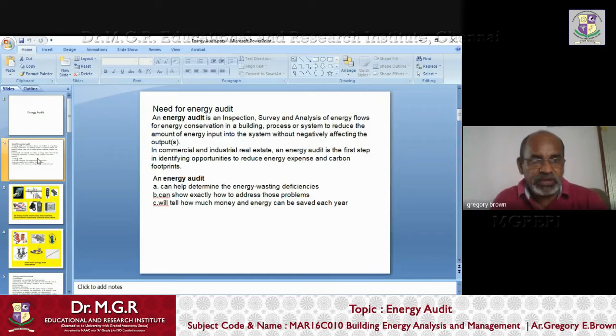Annual audit is there before they submit to the income tax, or so many other things. Always audit is done. Audit is going through some particular thing and trying to find out what went wrong, why it is more here, why it is less there. Similarly, for energy also, an energy audit is essential.